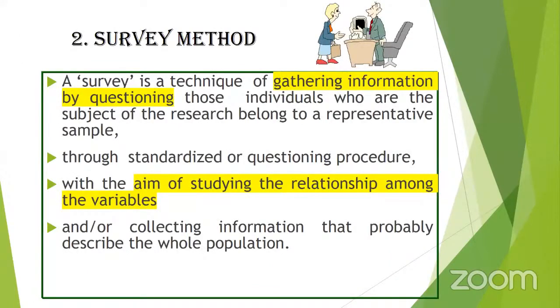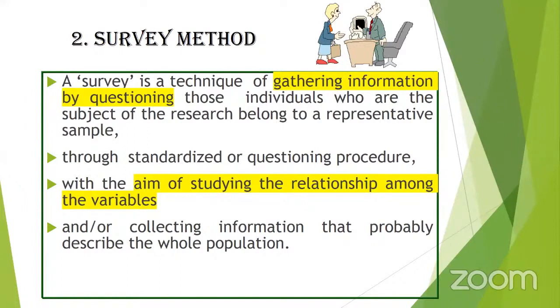So survey method is a technique of gathering information by questioning people. It can be by using a questionnaire. So survey is a technique, and questionnaire is a tool. You go and question the individuals, and you try to get the answer to the research question which is there in your study. Then standardized questioning procedures can be used, with the aim of studying the relationship among the variables.